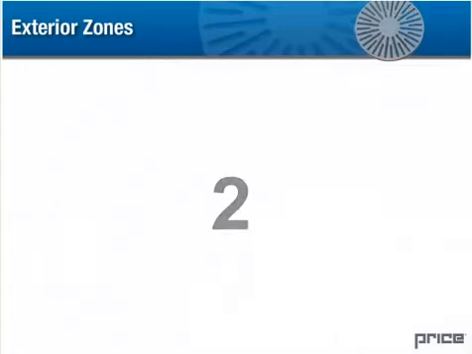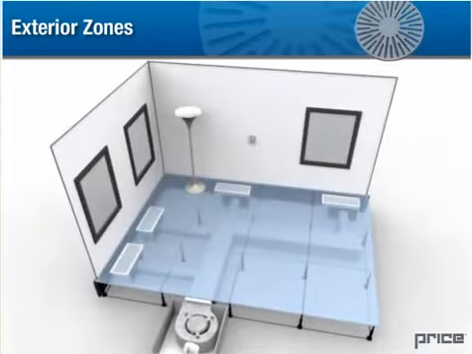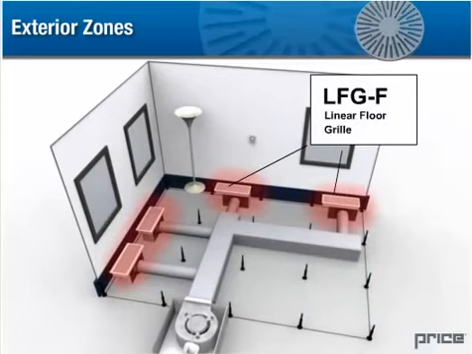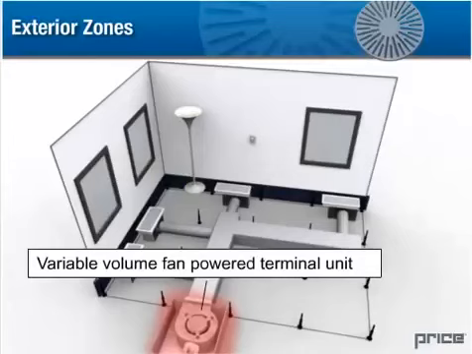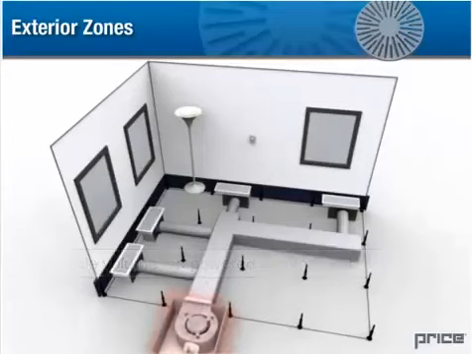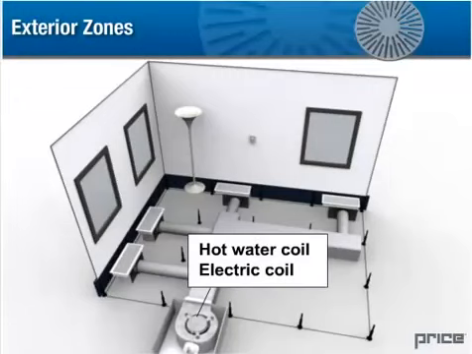2. The control zone is formed using ducted linear air outlets model LFGF, which are connected to a variable volume fan-powered terminal unit. This terminal unit is controlled by a thermostat located in the zone, increasing or decreasing the supply airflow in response to the thermostat signal to satisfy the demand. Supplemental heat, if required, is provided by a hot water coil or electric coil on the terminal unit.